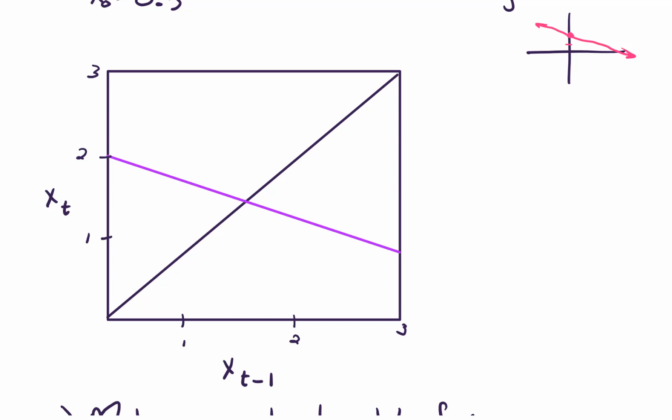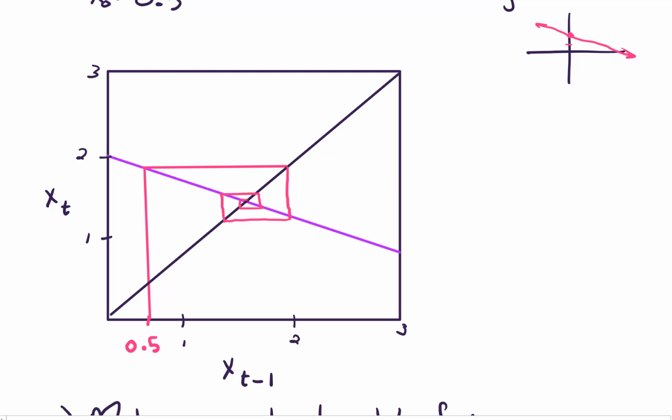We want to start with our initial condition, which is 0.5. And remember, the idea is we're going to go up and down, then left and right. So we'll go up to the curve, then we'll go left or right over to y equals x, then we'll go up or down till we hit the curve, then we go left or right till we hit y equals x, and we keep this process going.